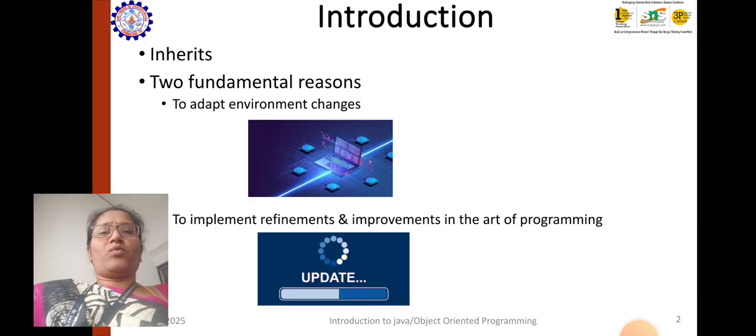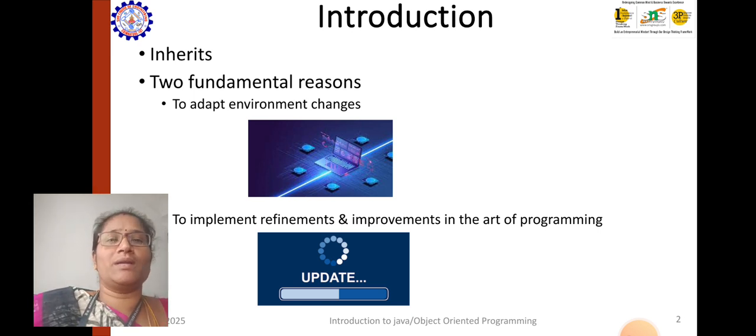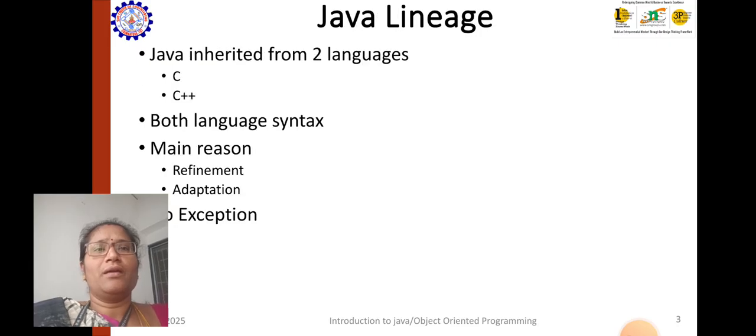Based on environment changes, we can easily modify it, and we can implement refinements and improvements in the art of programming language. Whatever updates we need, we can do with the existing coding itself. Then the history of the Java lineage: it is inherited from two languages, C and C++.